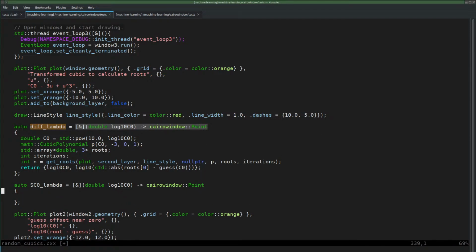So I can just calculate C0 and then make the polynomial and get the root.